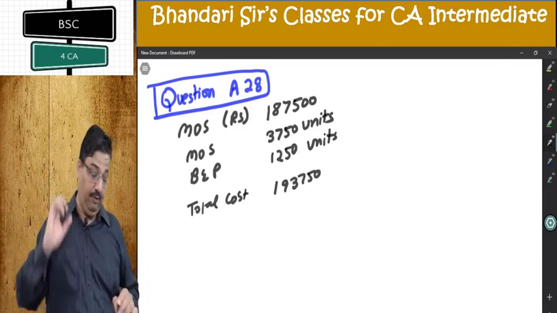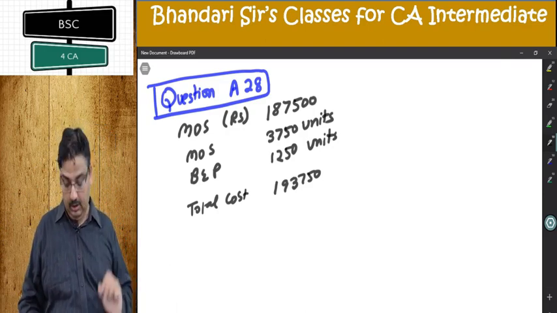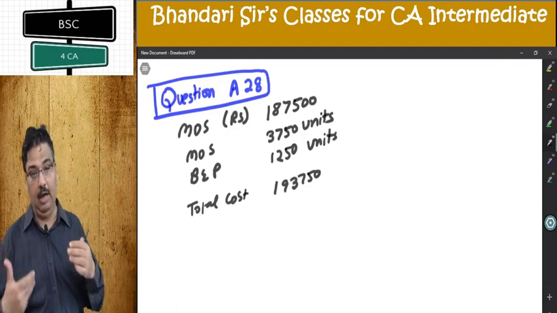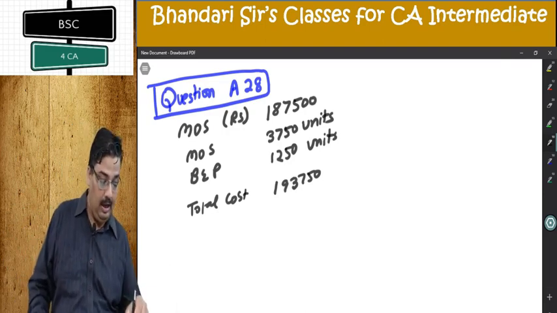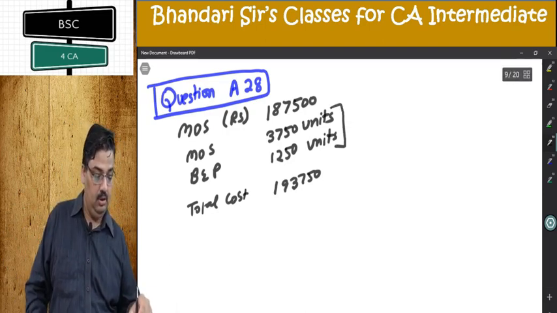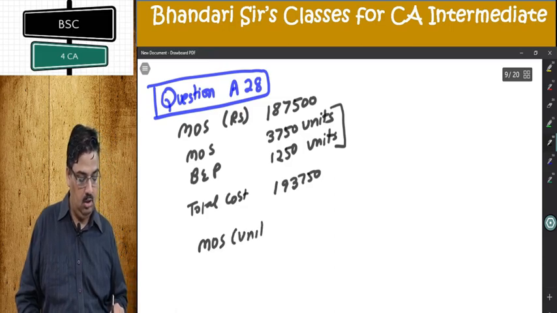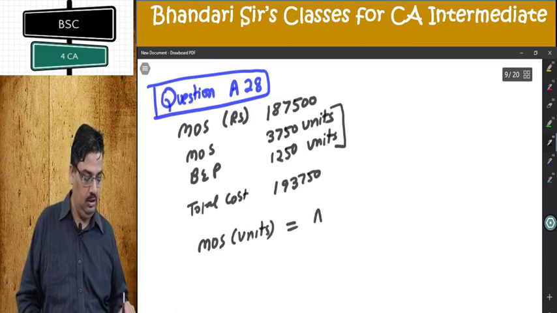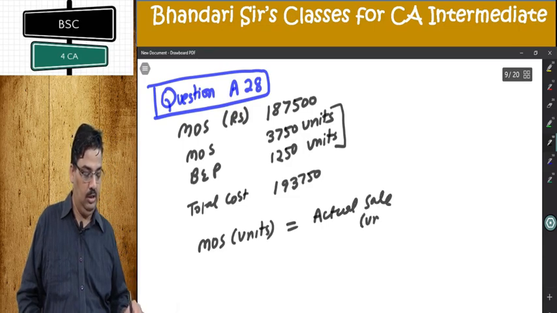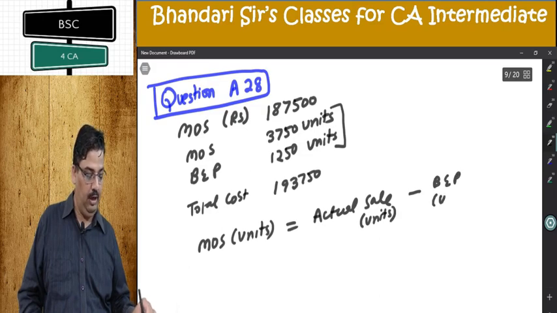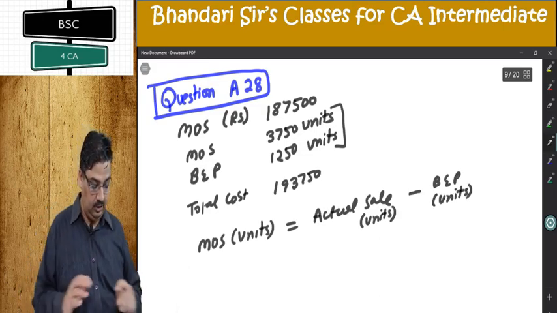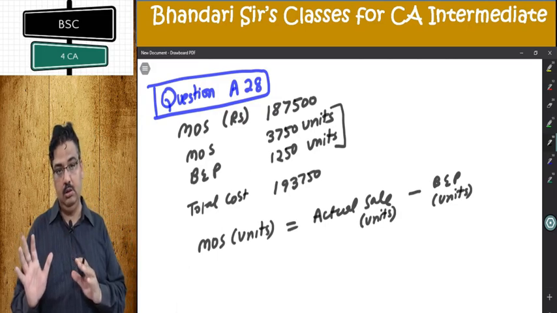Now what can I get from here? I can get lots of data from here. Before I reach what I am asked to compute, I can get total sale units. If you look at this formula, MOS in units is equal to actual sale units minus break-even point in units. This is the correct first formula we did in MOS.